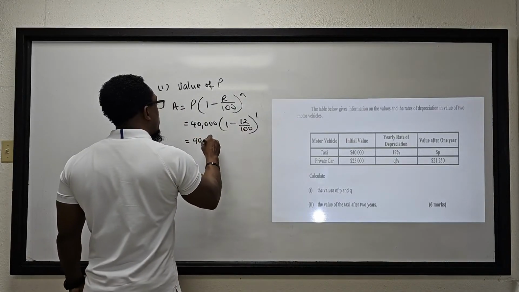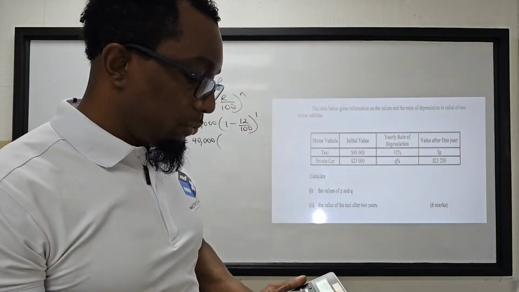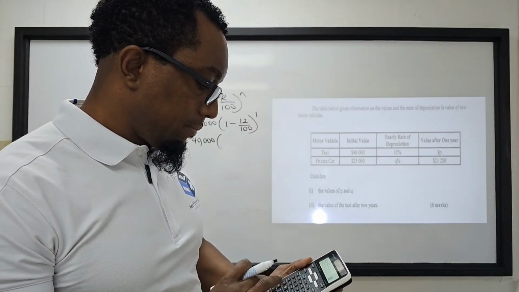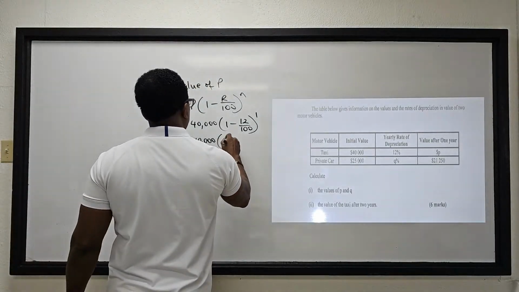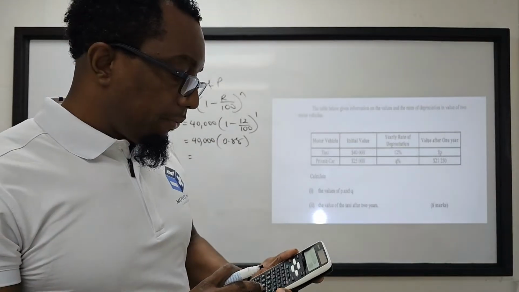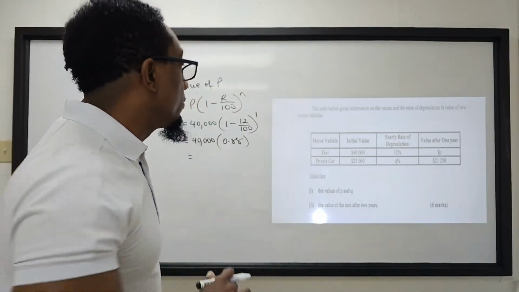This is 40,000 times 1 subtract 12 over 100. That's 0.88. So 0.88 by 40,000 will give us $35,200.